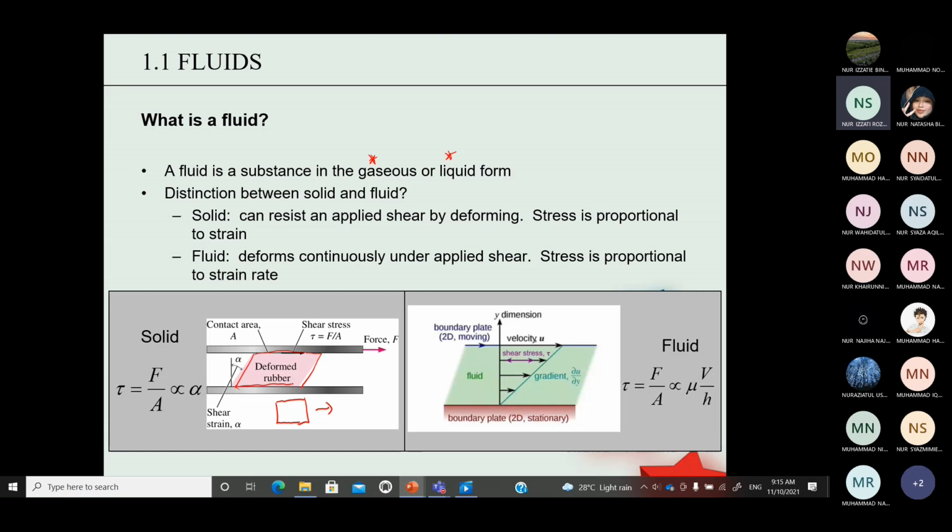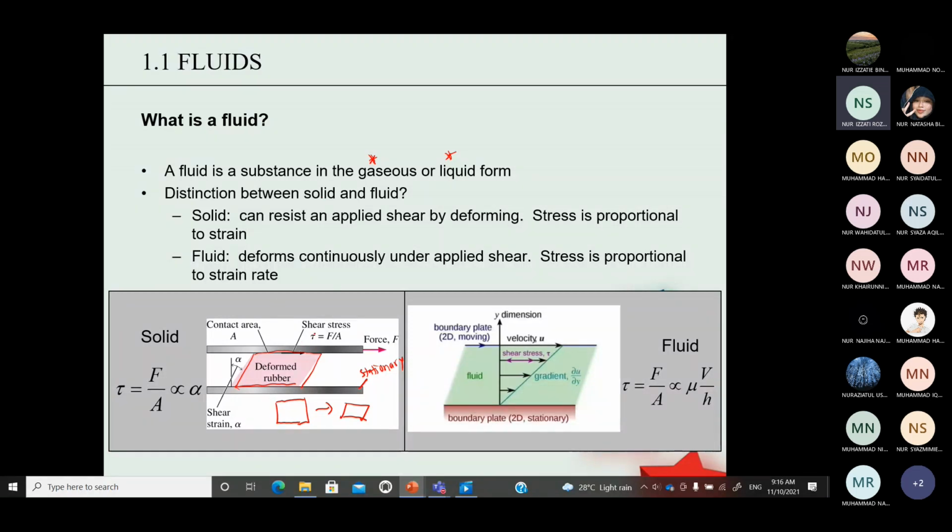Imagine the plate below is stationary, meaning it is not moving. When you move the upper plate while the bottom plate is not moving, your rubber will be deformed from the original shape to this shape.